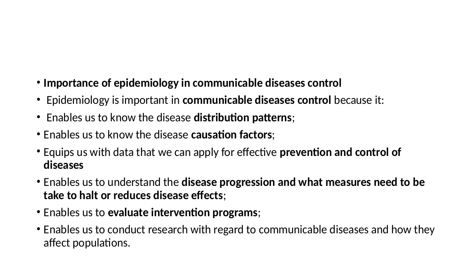Then the fifth importance: it normally enables us to understand the disease progression and what measures need to be taken to halt or reduce disease effects. It will help us to understand how the disease is progressing and what measures we can use in order to make sure that this disease is stopped from progressing to other parts of the world.